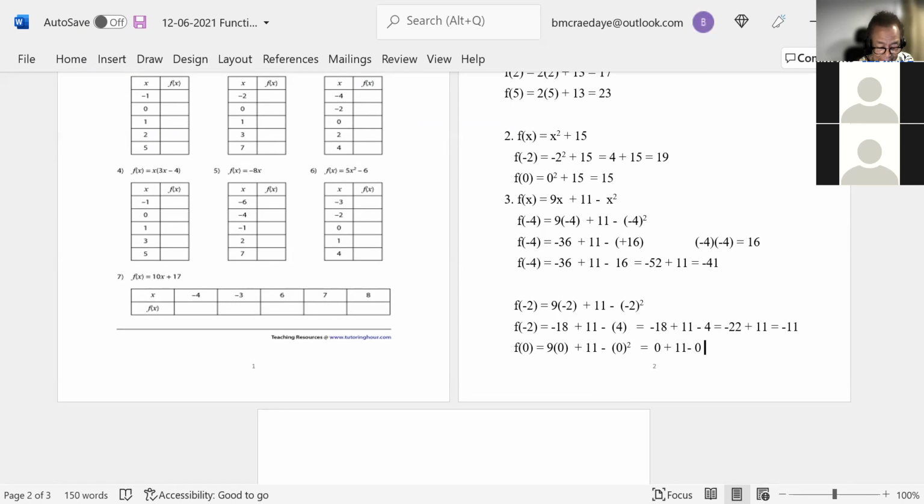So what's the answer? 0 plus 0 plus 11 minus 0. So the answer is 11. So right here you put 11. So you have minus 41, you have minus 11, and you have plus 11. Yes, this is a plus 11 because it's 0 plus 11 minus 0, which just gives you 11.